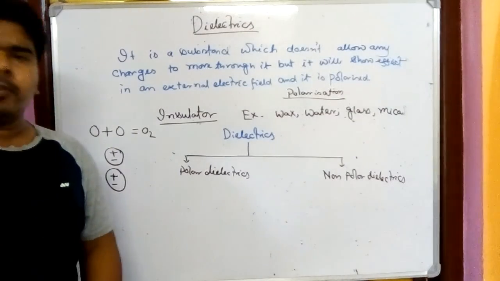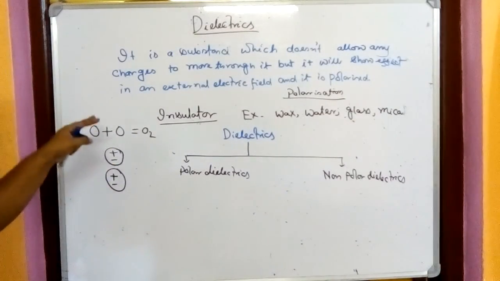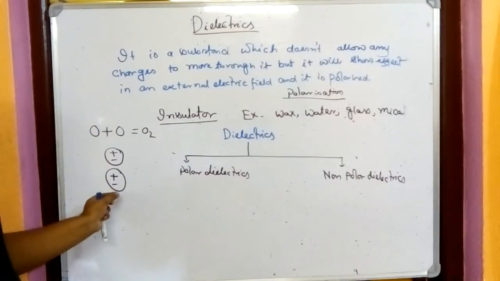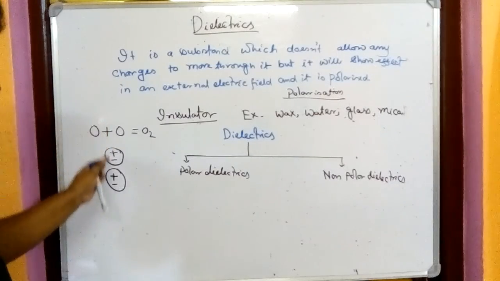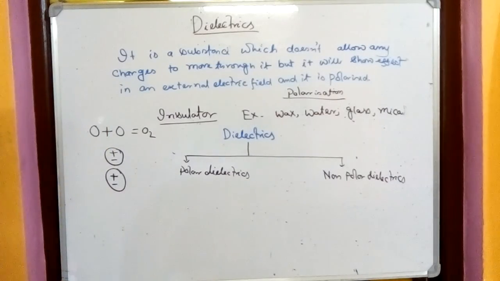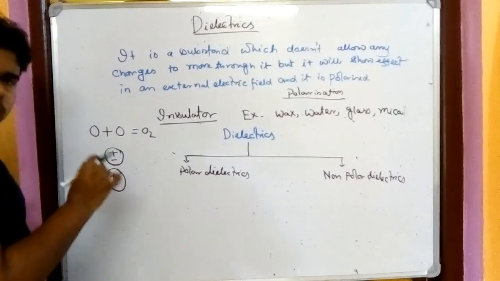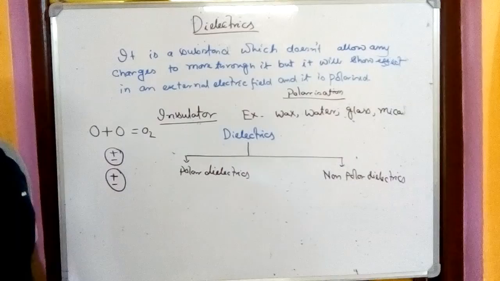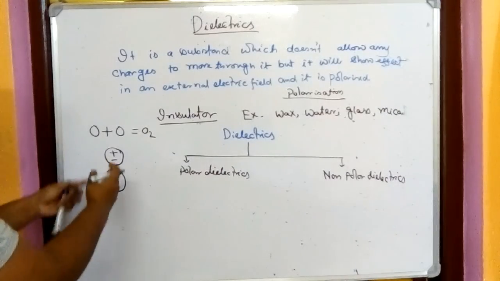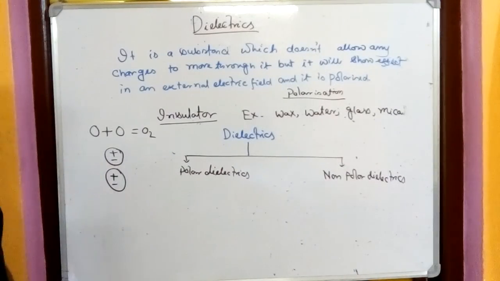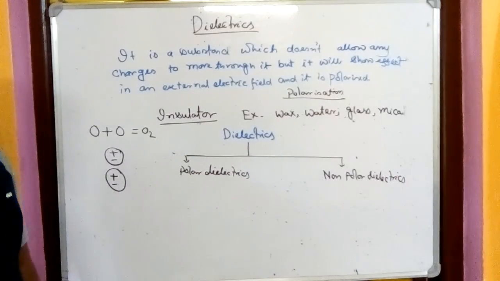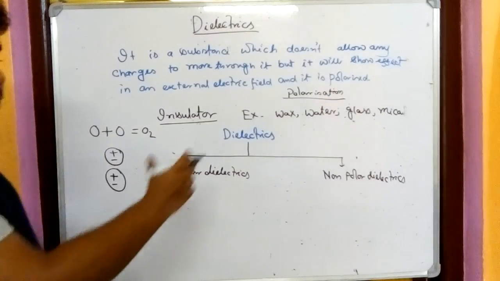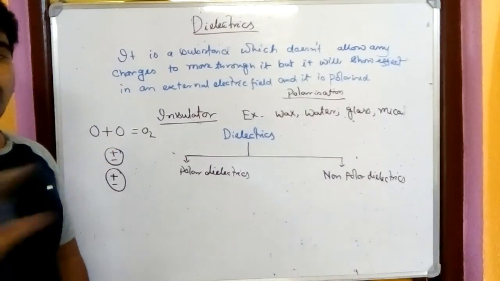I'm repeating: the positive and negative charges are aligned in one line. We can say the center of mass of positive charge is aligned with the center of mass of negative charge, and that's why we have not seen any pole. This type of dielectric is known as non-polar dielectric. Remember the name, non-polar: no pole is there.